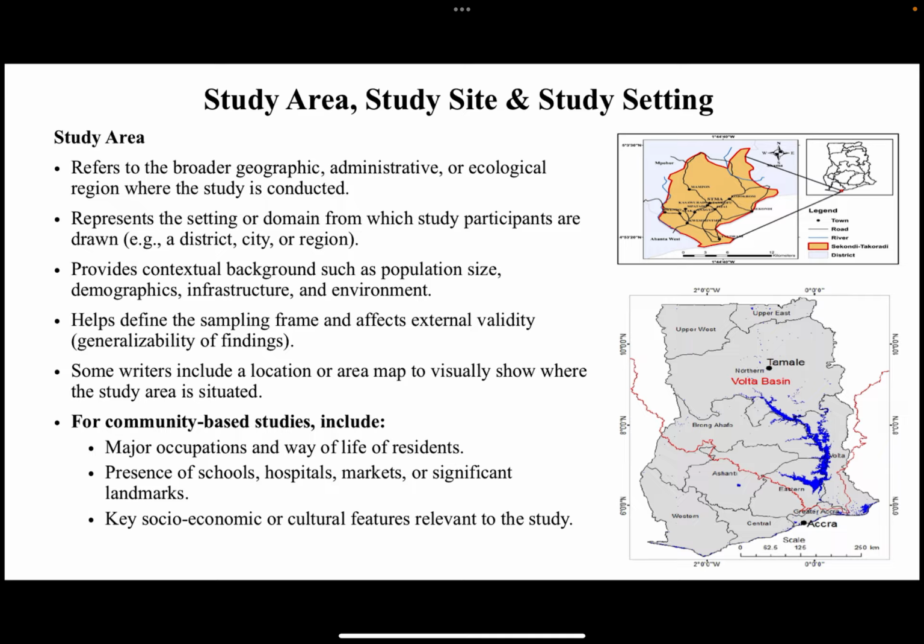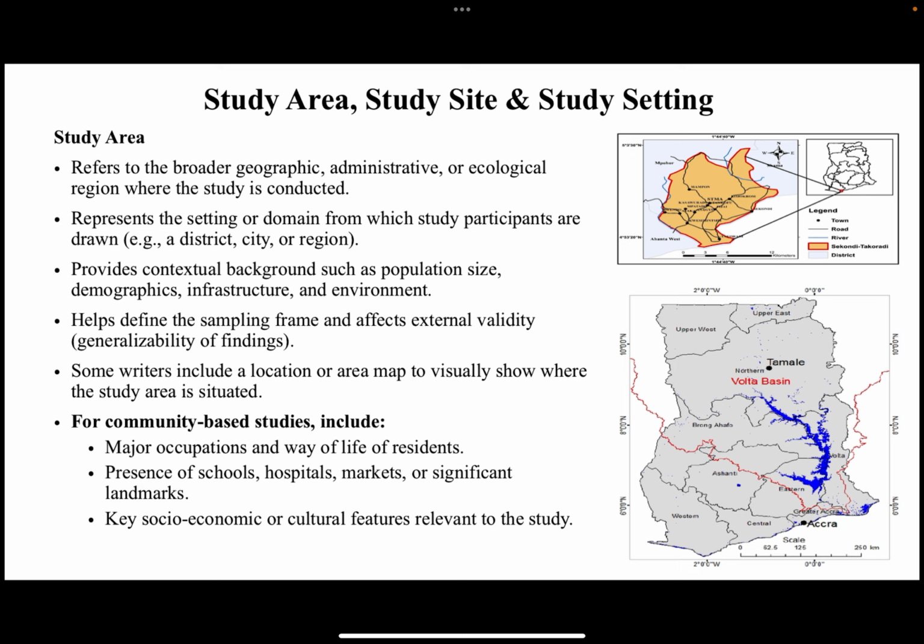Okay, so when you are describing the study area, we want you to describe the district where the facility is located. So in describing that district, at least give us the population size of that district, the demographics, and apart from the Greater Accra Regional Hospital, which other infrastructures are within that area.